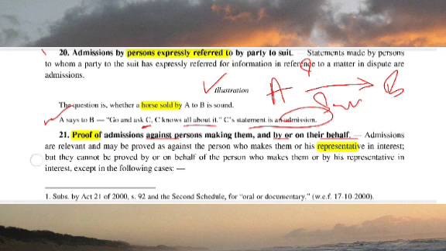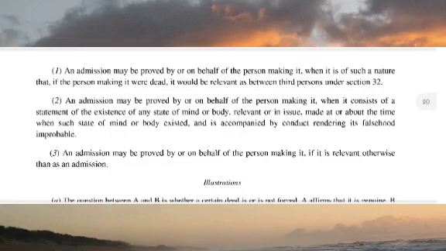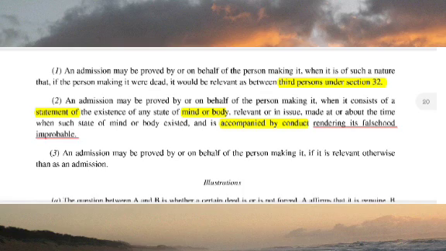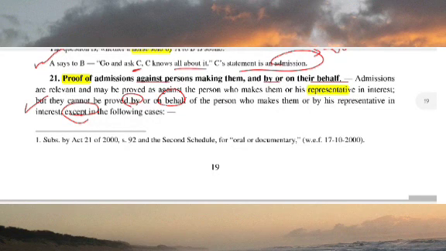But they cannot be proved by or on behalf of a person who makes them, or by his representative in interest, except in the following cases: admission, dying declaration, statements of existence of state of mind and body relevant or in issue, accompanied by conduct rendering its falsehood improbable. An admission may be proved by or on behalf of a person making it if it is relevant otherwise than as an admission.